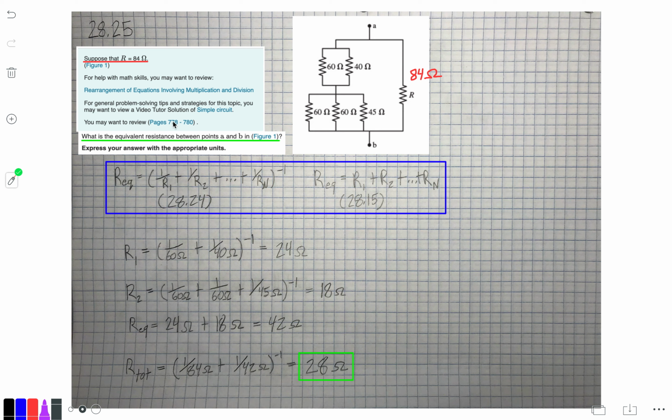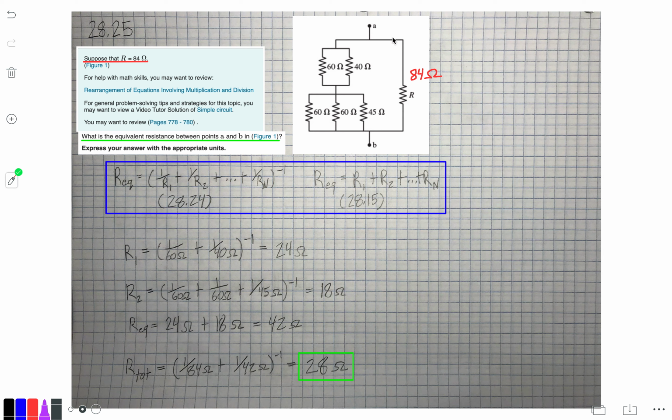What we have to do is find the equivalent resistance between points A and B. So if we have A right here and B right here, we need to figure out, if there was some kind of current going across here, what the resistance would be across this entire thing.